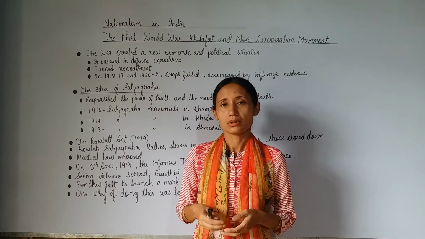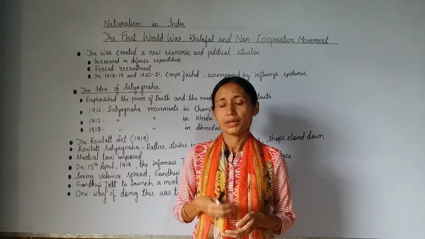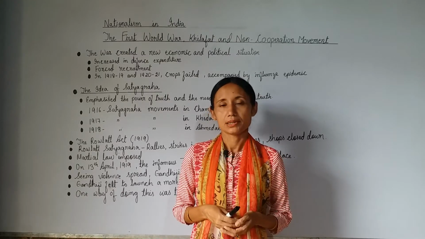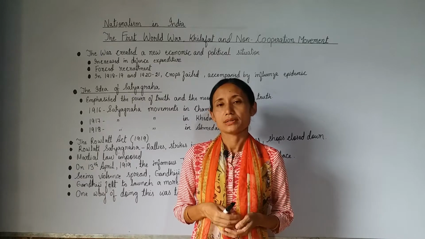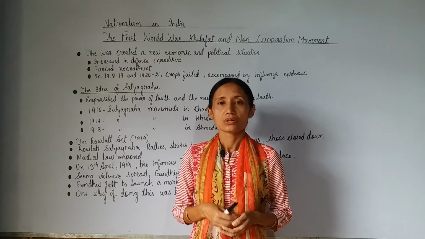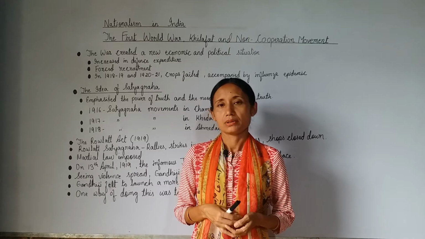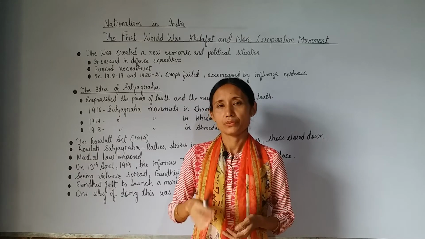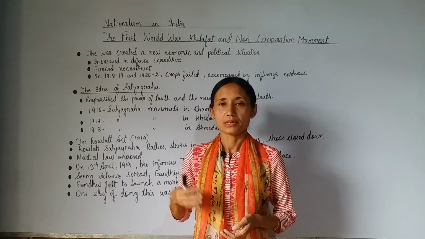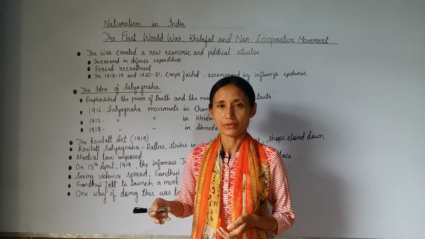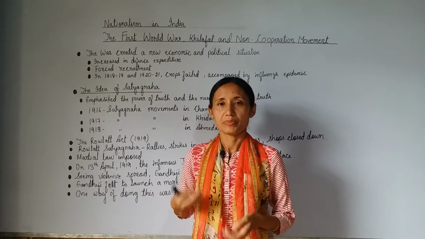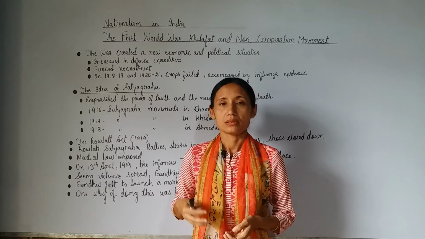Under such conditions, a new leader emerged in India. He was none other than our leader Mohandas Karamchand Gandhi. Mahatma Gandhi returned to India in the year 1915. Before that, he was organizing the Satyagraha Movement in South Africa. In South Africa, he saw how the white people were oppressing the Indians.